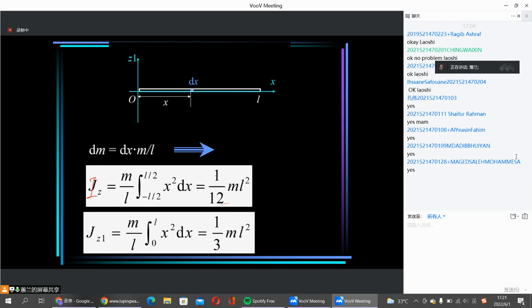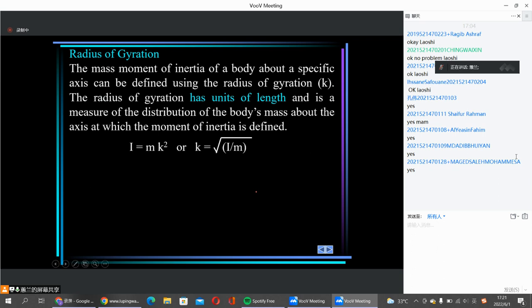And here we can check it. According to the parallel axis theorem, Iz1 equals Iz plus m d squared. d is the distance, d is equal to half L, right? And so that's for sure.